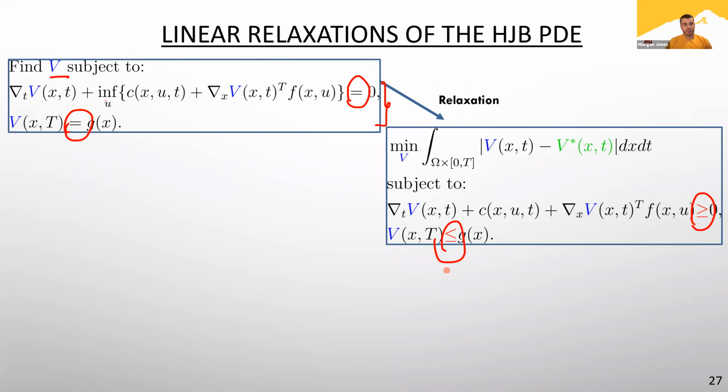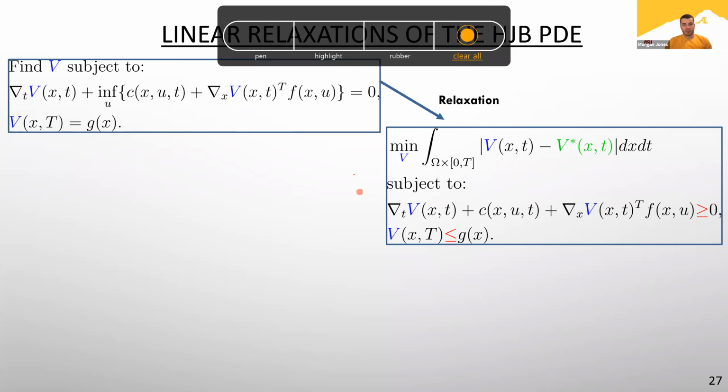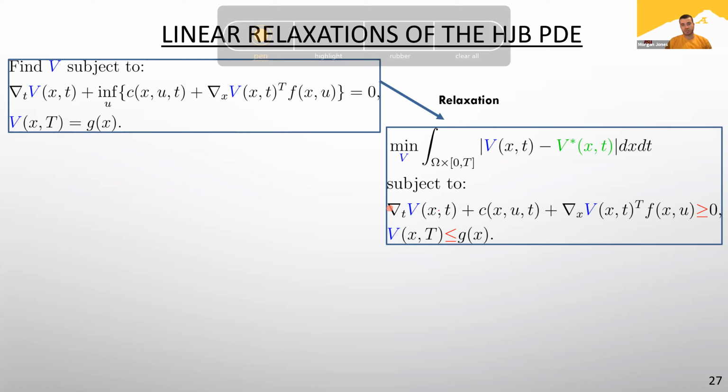We also remove the infimum to make the problem linear and enforce the inequality constraints over all of U. Because this is a relaxation, any solution to the HJB PDE also satisfies these constraints. But also many other types of functions satisfy these constraints.